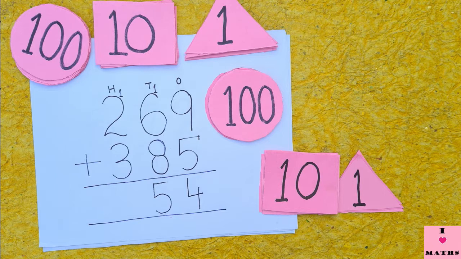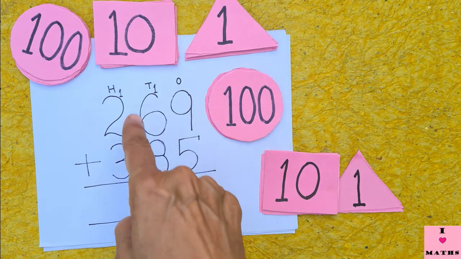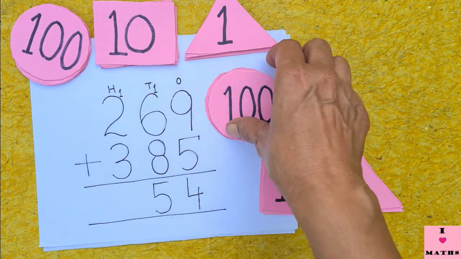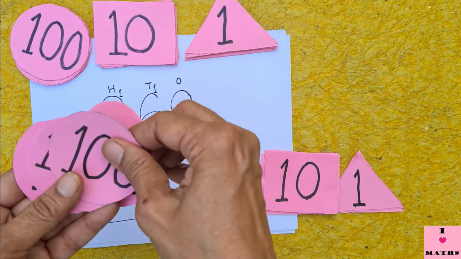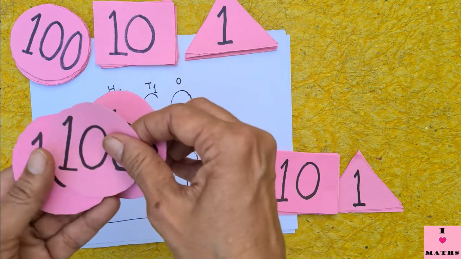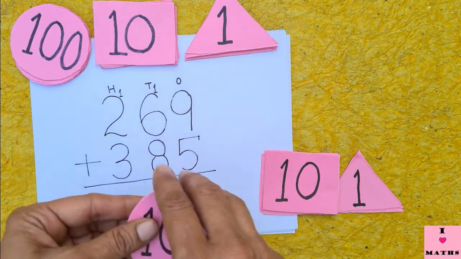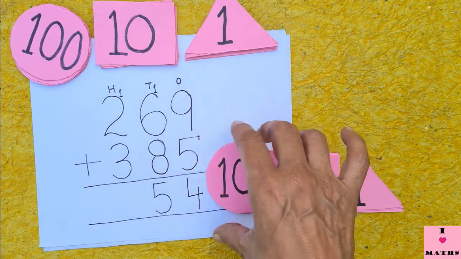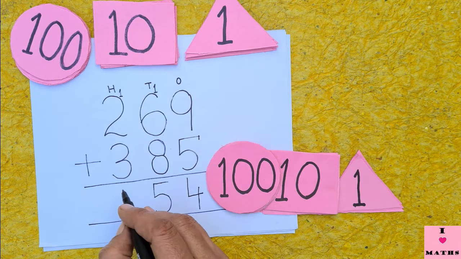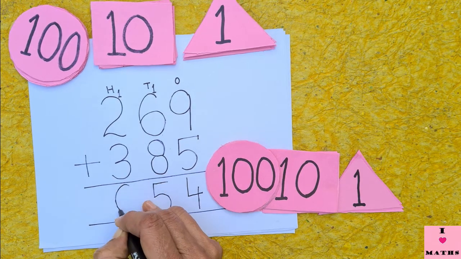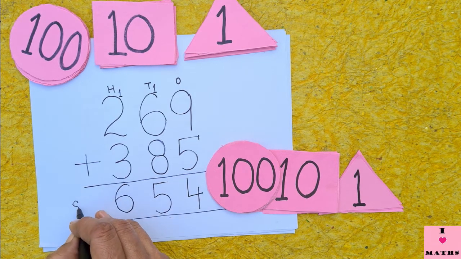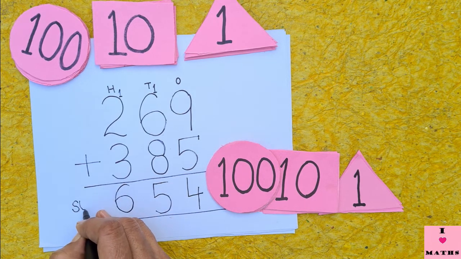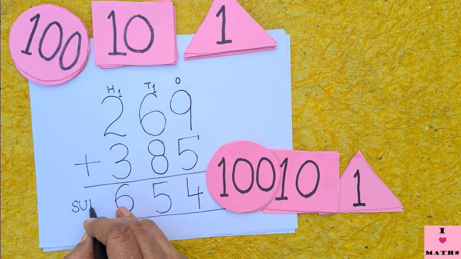So let us now count the 100 place digits. 1, 2, 3, 4, 5, 6. So we have 600. So for hundreds place we will write down 6. So our sum, children, remember the answer of addition is called sum.